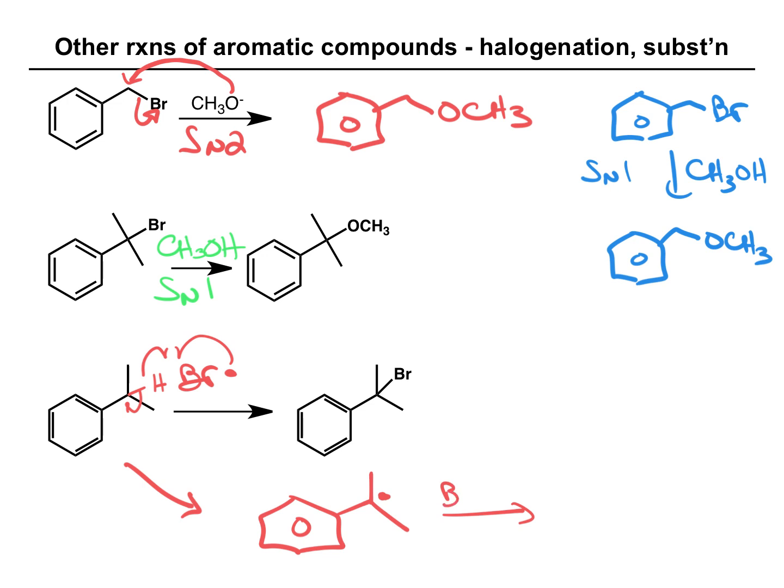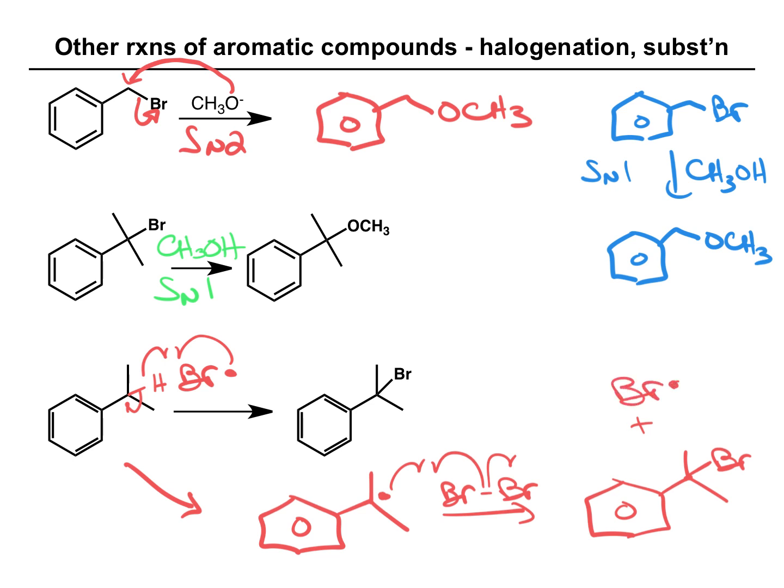And this radical can react with more bromine to give this product, and it generates more bromine radical, which can continue the chain reaction. So to do a radical halogenation at the benzylic position, we could use bromine and light and or heat, or we can use the specialized reagent NBS, N-bromosuccinimide, along with peroxides or heat.